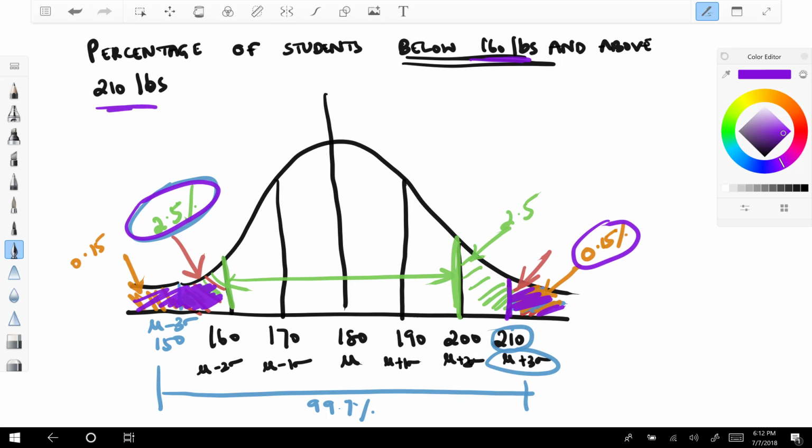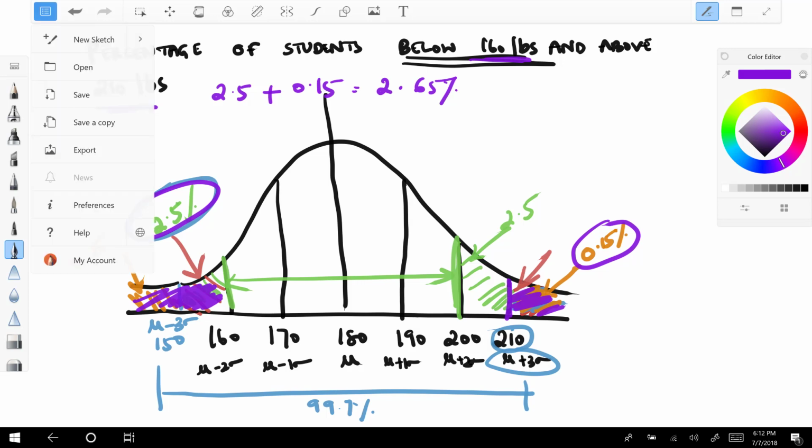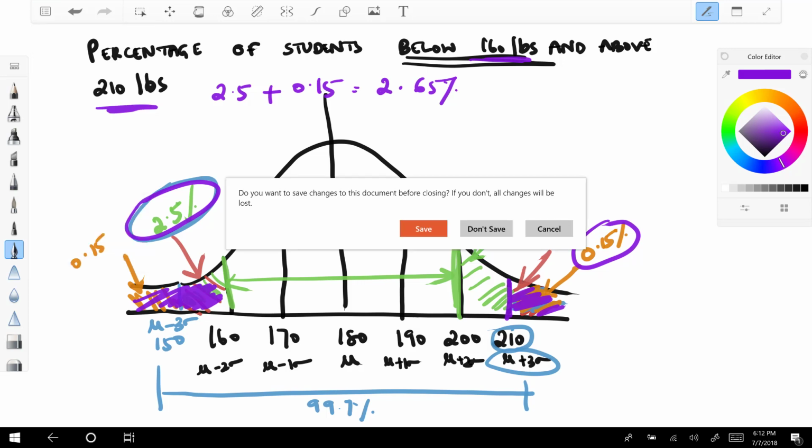So we need to add 2.5 plus 0.15, that is going to give us 2.65%. So that's how we solve these problems. So we will solve one more final problem and see if we can understand in more detail.